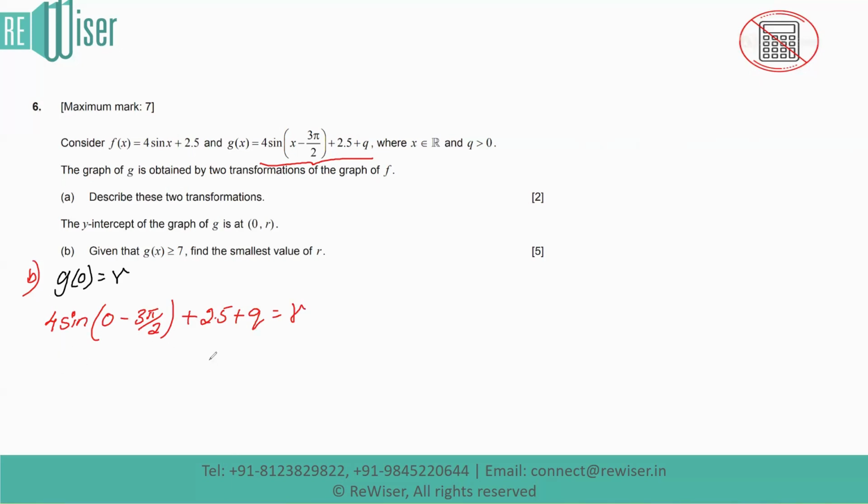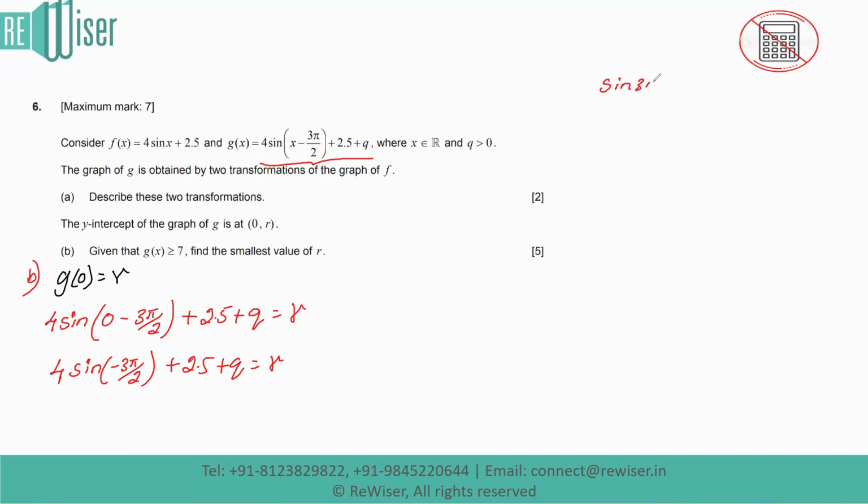The reason we are substituting this point is that we need to get q in terms of r. Only then will we be able to solve it and get the possible values of r. So this is going to be 4 into sine of negative 3 pi by 2, plus 2.5 plus q equals r.